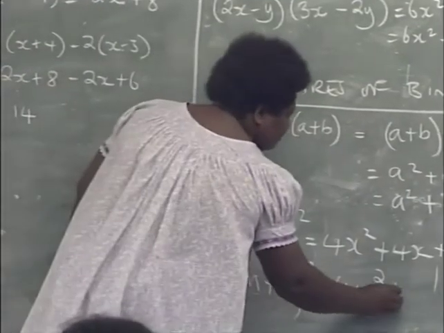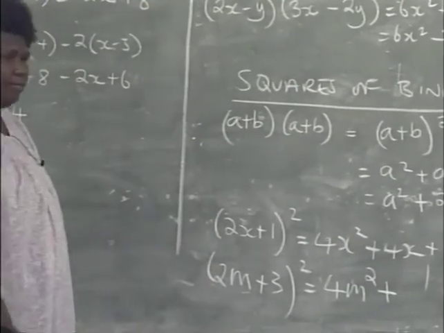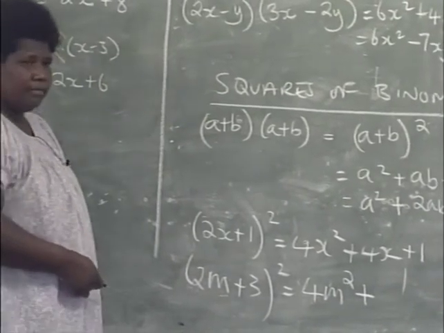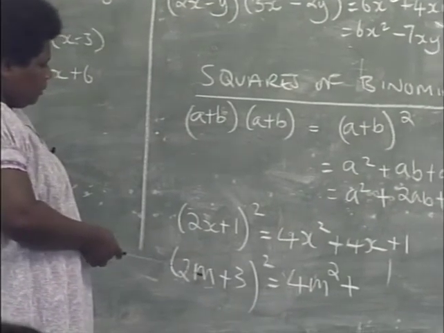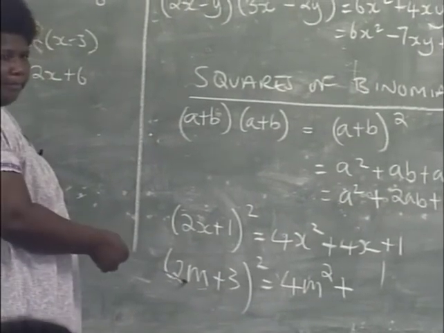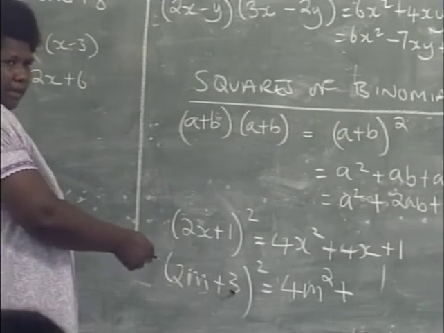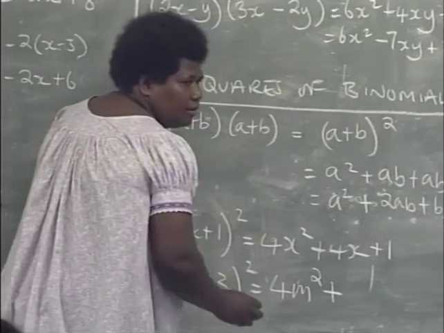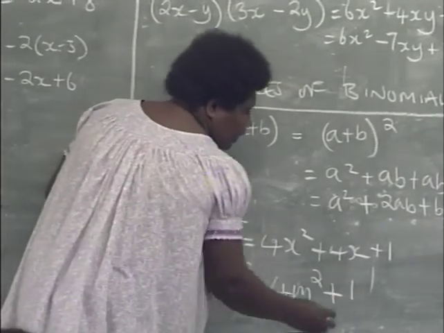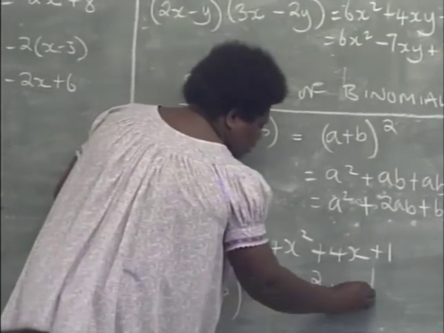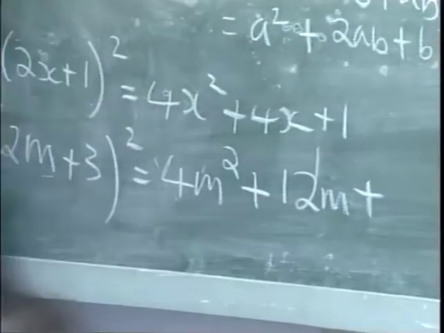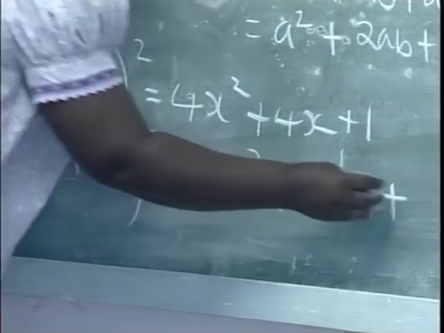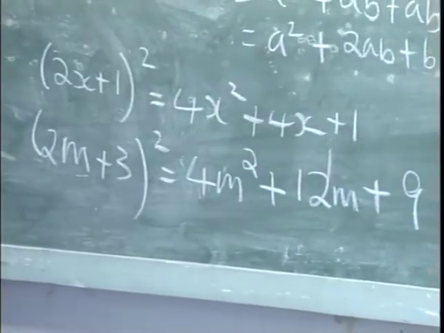Plus 4m. 2m plus 2m is 4m. Okay, you multiply 2 by 2m and then multiply it by 3, which will be? 12m. Okay, 12m. Plus, what's the last term? 9. 3 squared is 9, not 6.